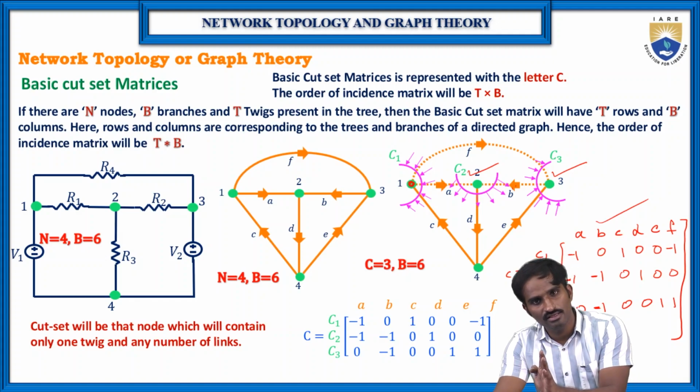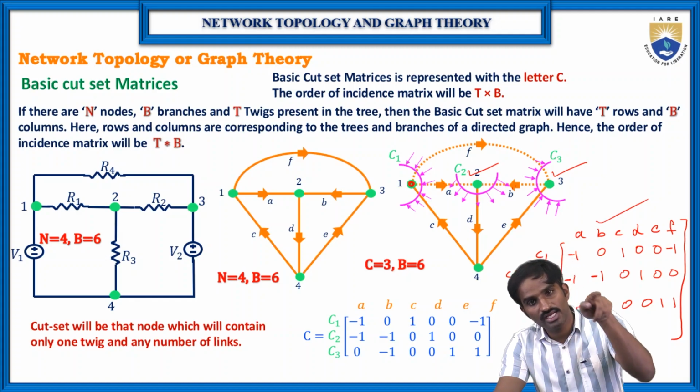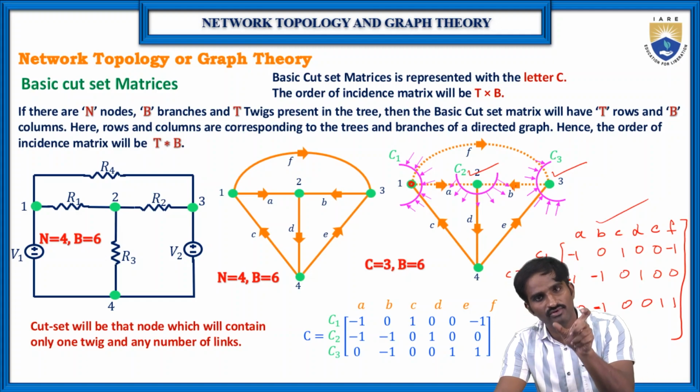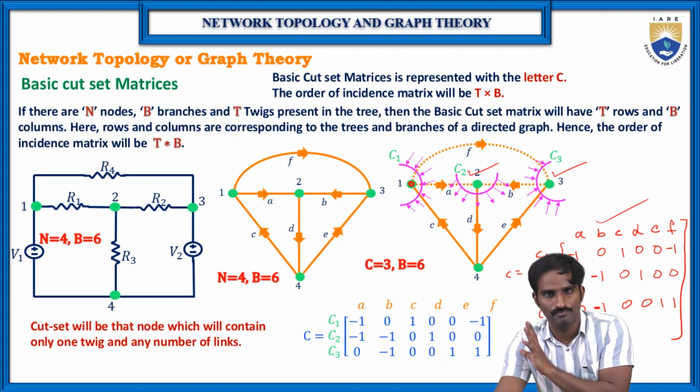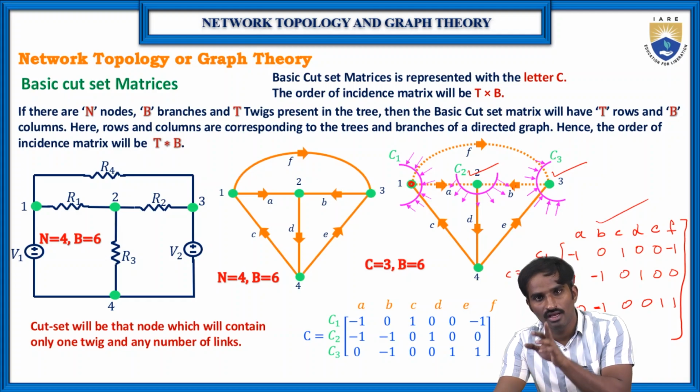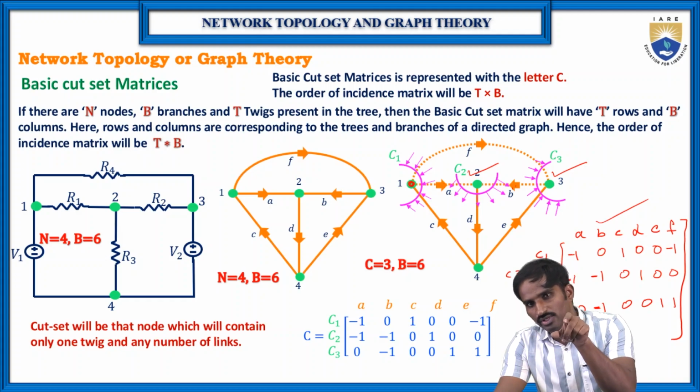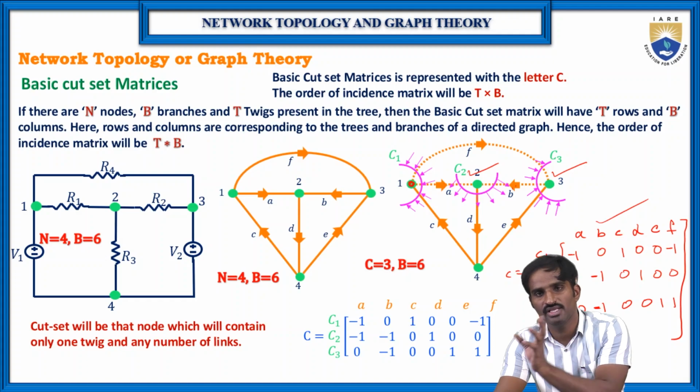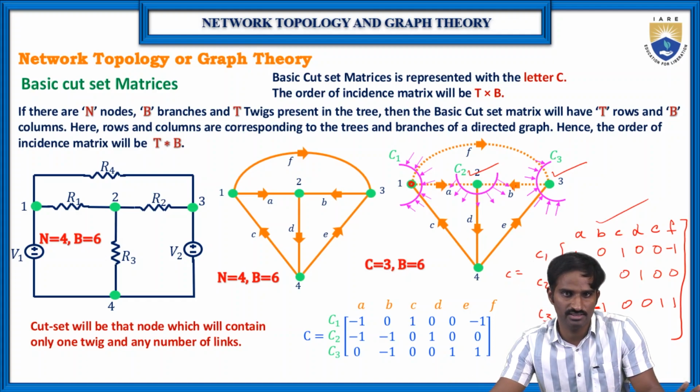In the second case, the branches connected to that link are 1, and the remaining are 0. In the third case, the branches connected to that particular cut set are 1, and the remaining are 0. So this is a common point in all the cases.